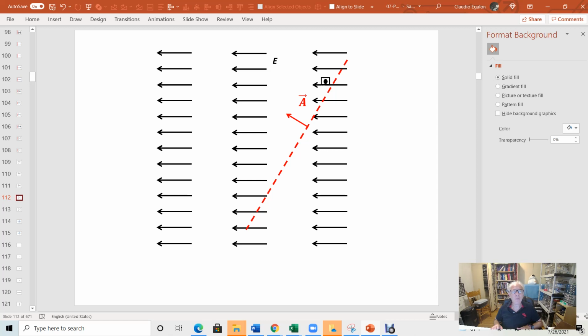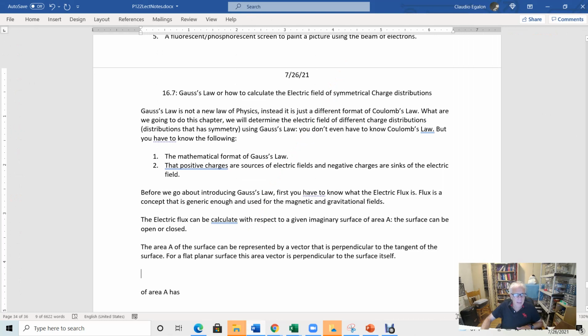So how do we define the electric flux after this illustration? Like I said, this is just a qualitative way so you can understand where the flux is coming from. The way we define the electric flux is by the following equation.